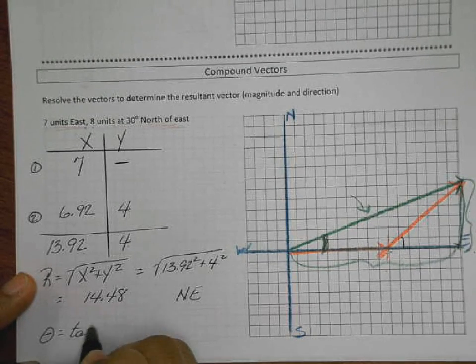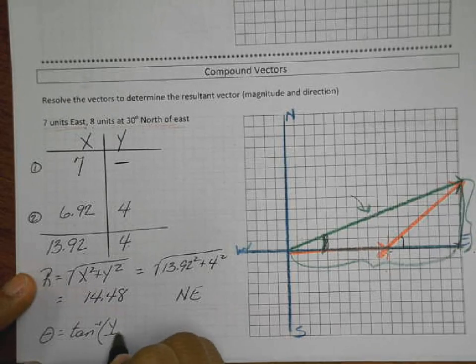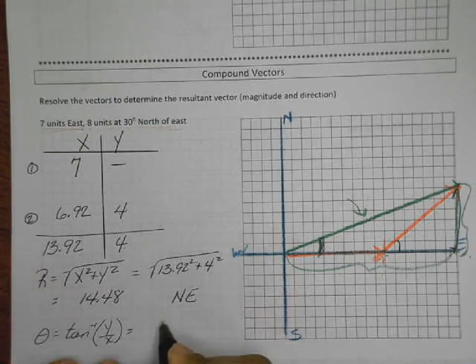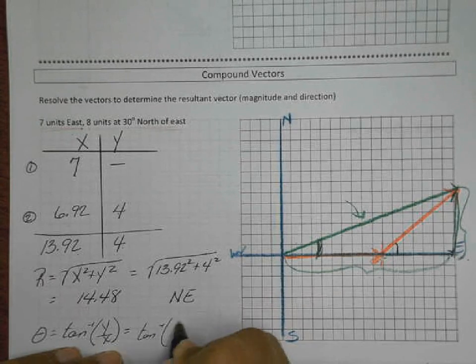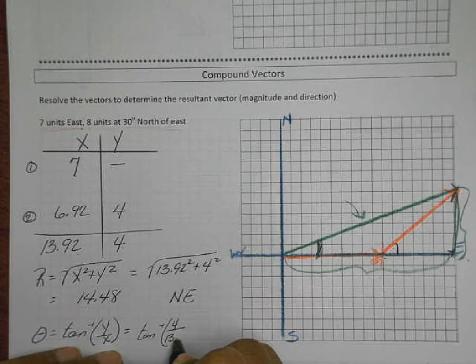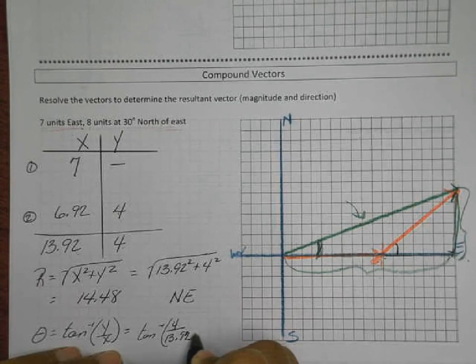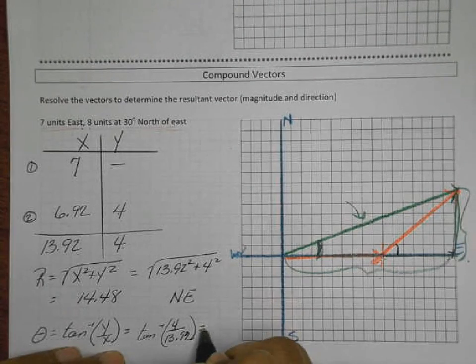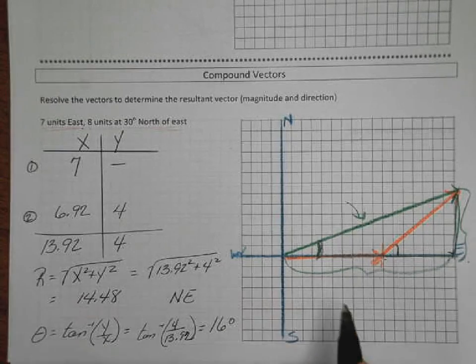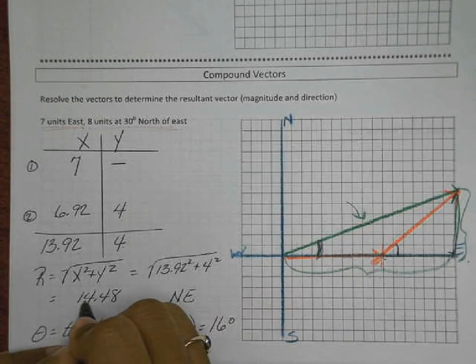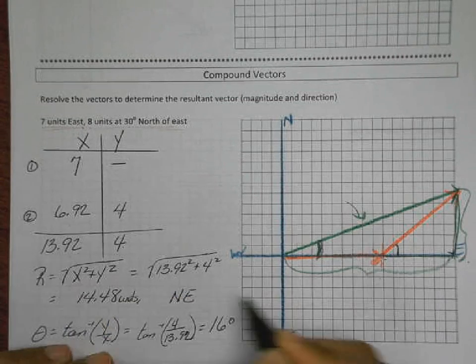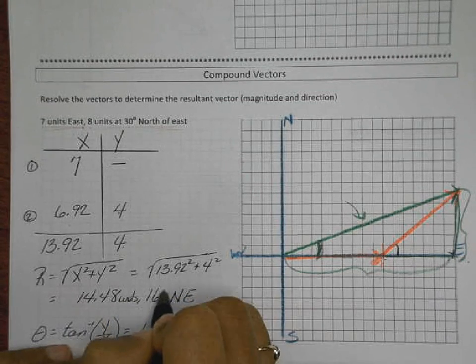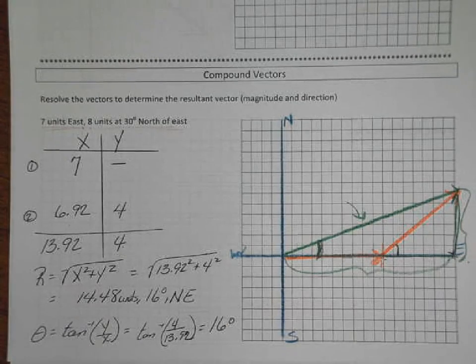Theta is inverse tangent of y over x, which is inverse tangent of 4 over 13.92. Make sure your calculator is in degrees, and you end up with about 16 degrees. So I am 14.48 units, and I'll write that there, at 16 degrees north of east.